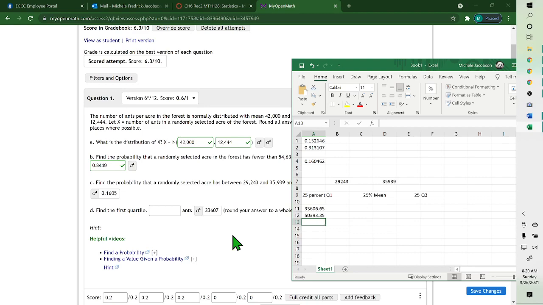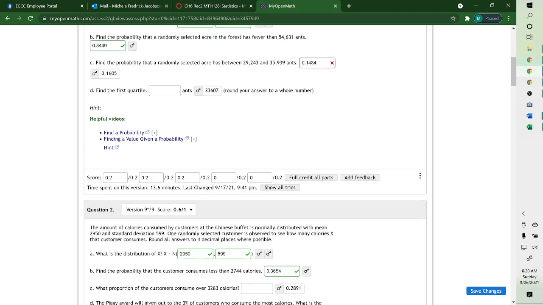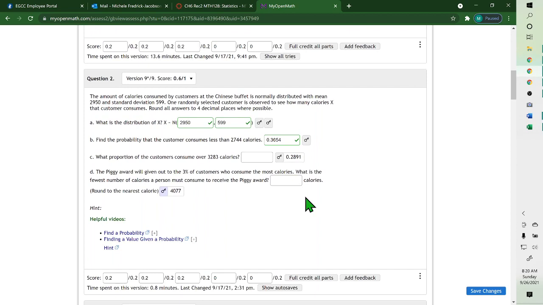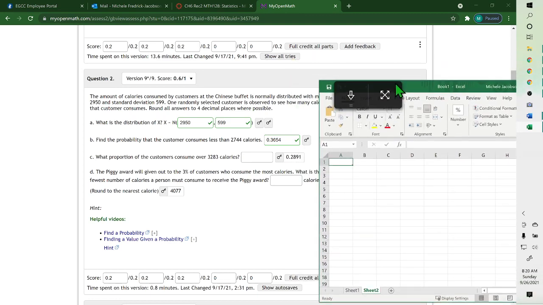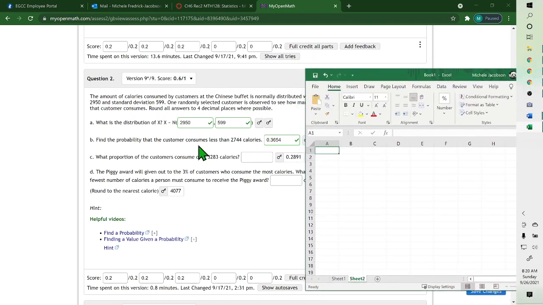If we'll go down to another one. I'll just go to a second sheet. There we go. Okay, so for this one, we want what proportion of customers consume over 3,283 calories. So first of all, remember when it gives you the percent, it's giving you the percent below.